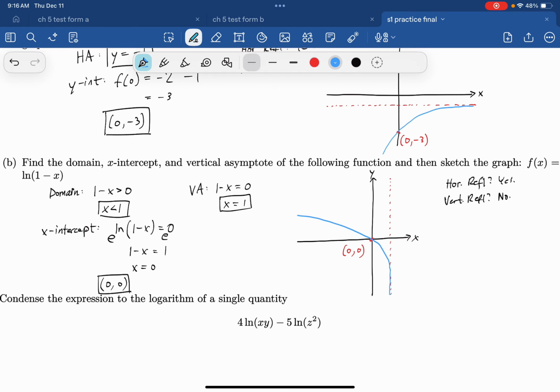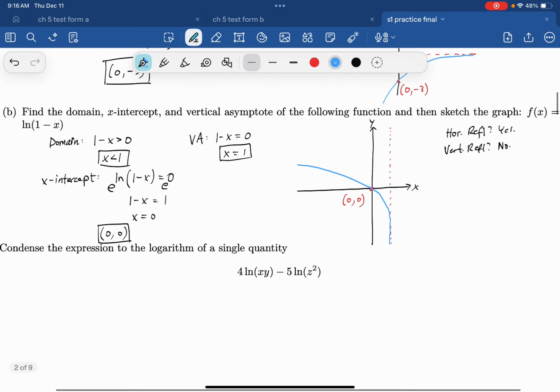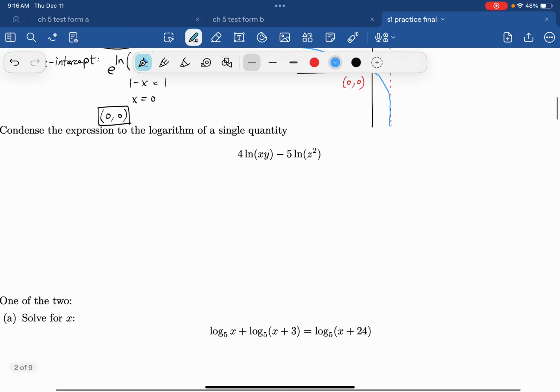Let's do the next question. Condense this expression to the logarithm of a single quantity. So we're going to use our rules for logarithms here. In addition to the previous addition and subtraction rules, another important rule here is the rule for multiples of logarithms.